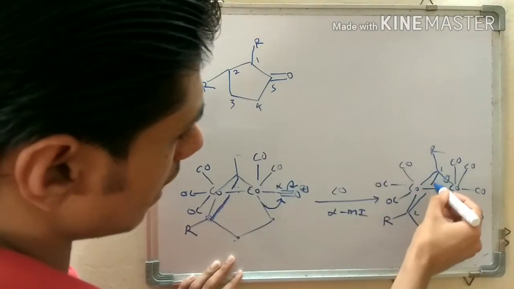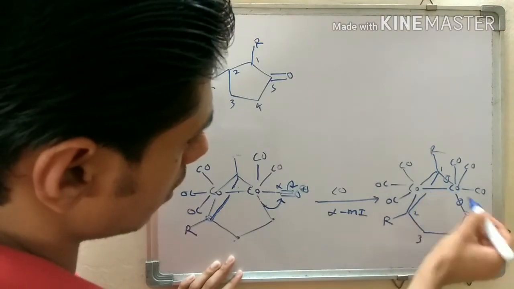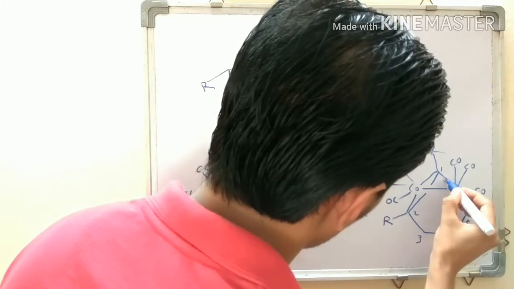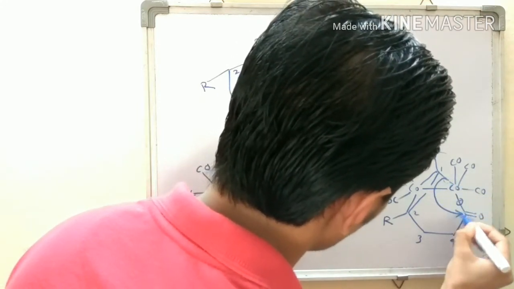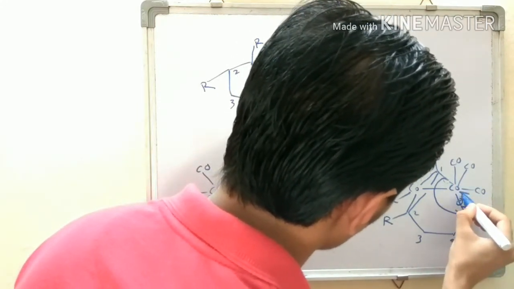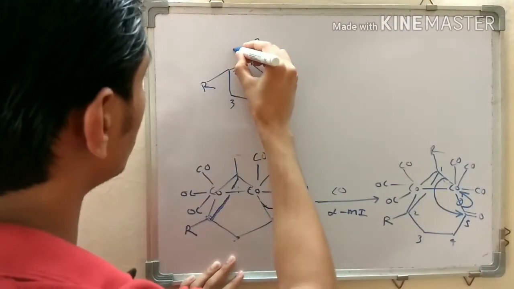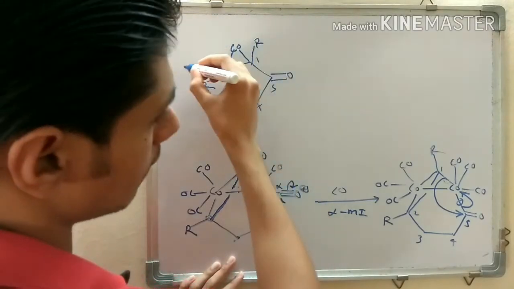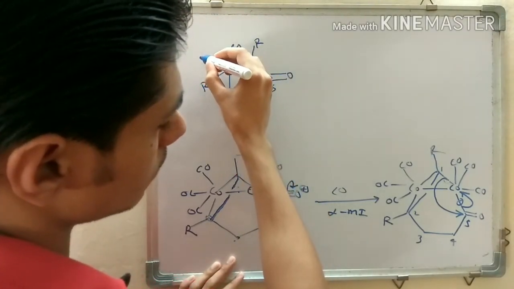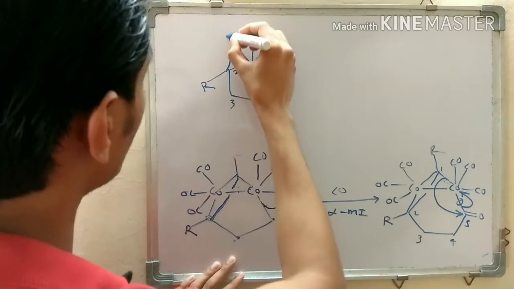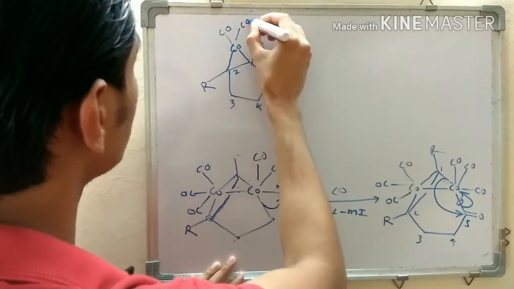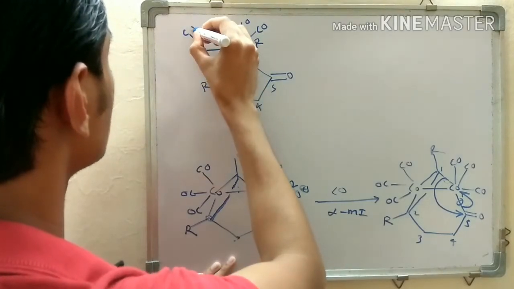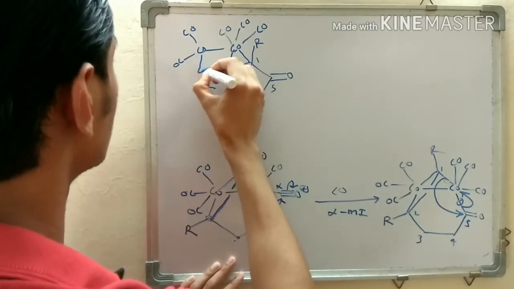And now you can see there is a 3-membered ring. So when it undergoes migration, what will happen? This bond comes here and it pushes here. So you will have a situation like this. Here you have cobalt, and with this cobalt you have three carbonyl groups, and another cobalt here which has another three carbonyl groups.